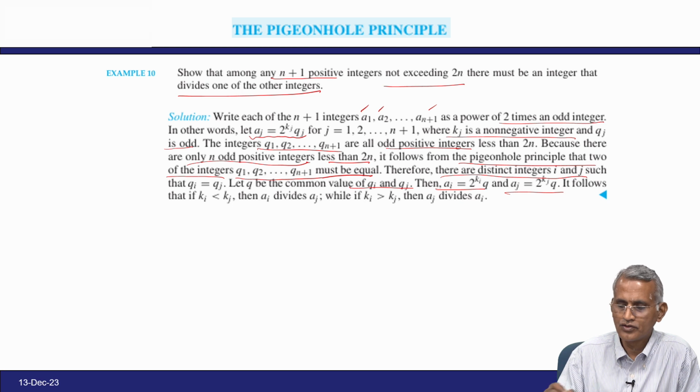Now, it follows that ki and kj, one is less than the other, and so one divides the other: if ki is greater than kj, then aj also divides ai. So, that is the meaning of n plus 1 positive integers not exceeding 2n, where one divides one of the other integers.